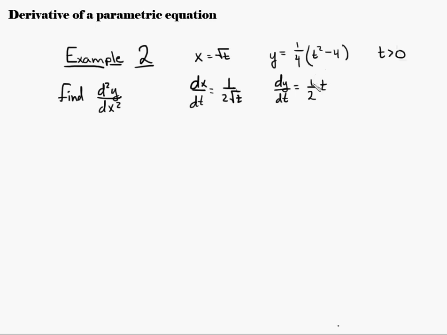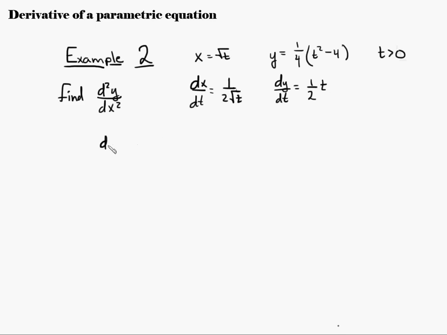Okay, now I want to find dy/dx, just the first derivative, and I do that by dividing the derivative of y with respect to t by the derivative of x with respect to t. So the 't's are going to cancel each other out. Don't have to worry about them, so I'm just going to put t over square root of t.